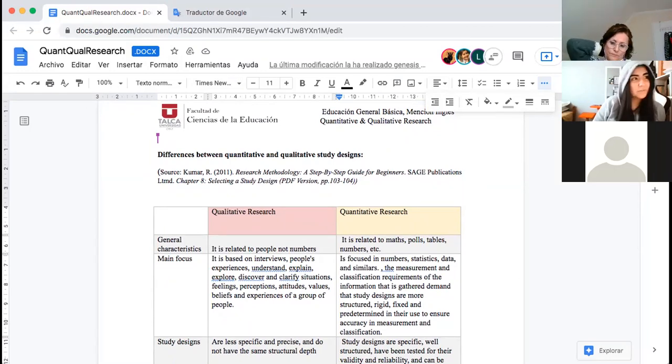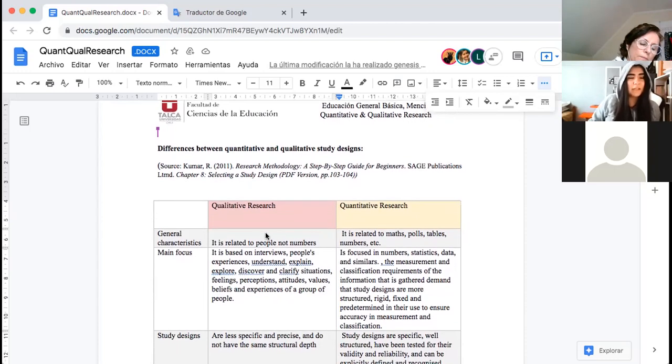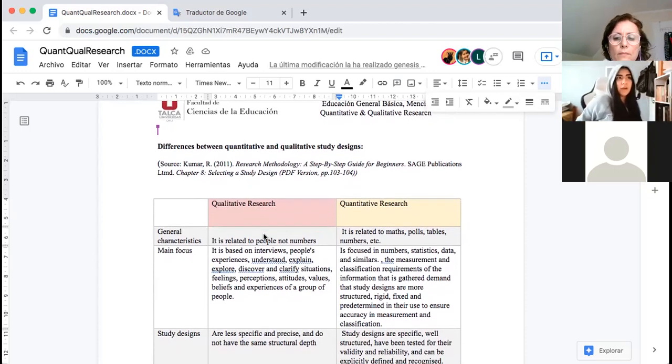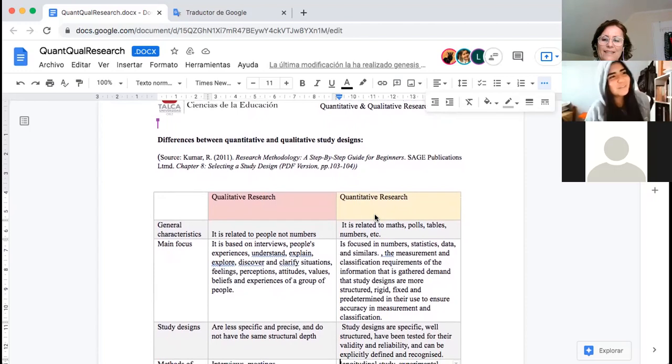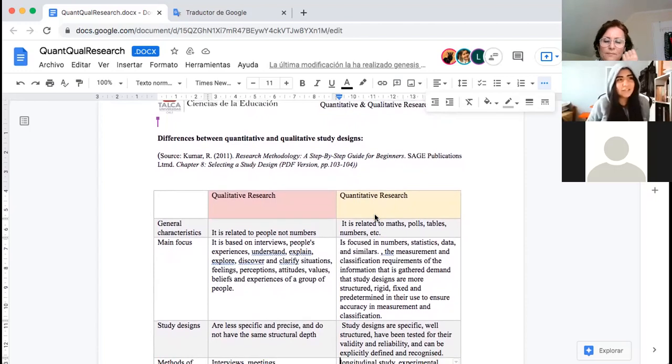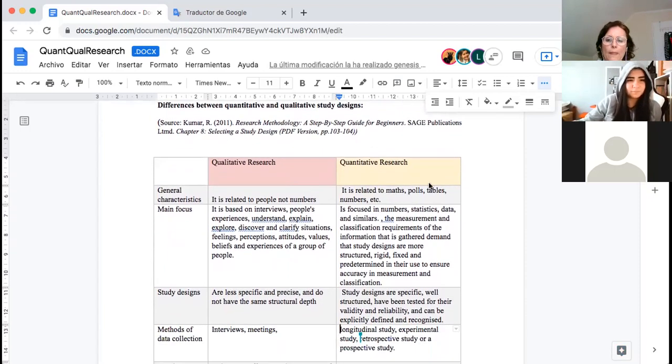In qualitative research, the general characteristic is that it is related to the people and not numbers. On the other hand, quantitative research is related to math, polls, tables, numbers, etc. Okay, so numbers and not people.